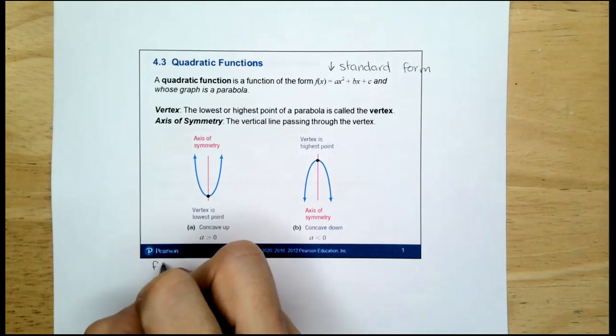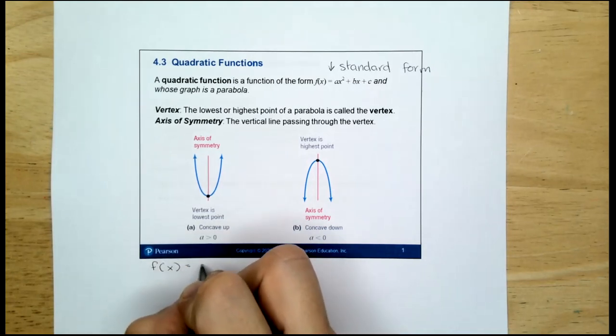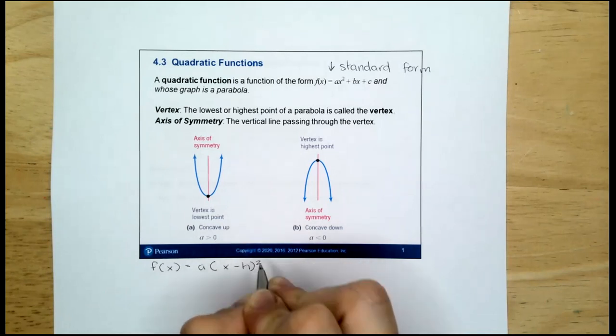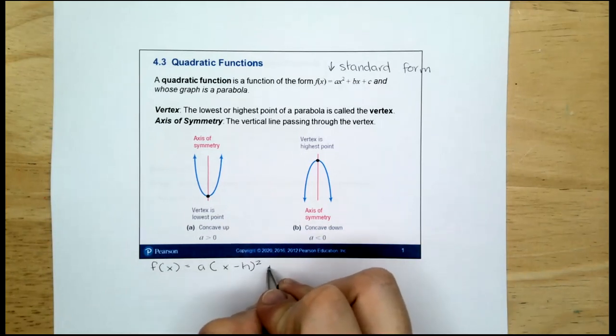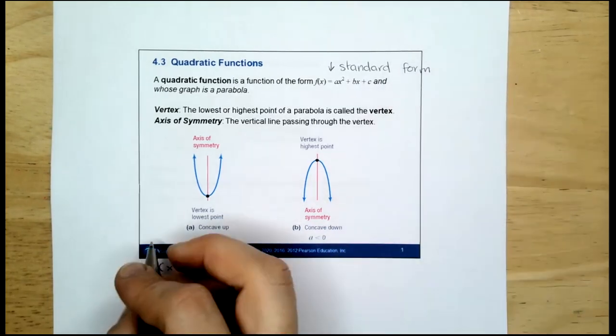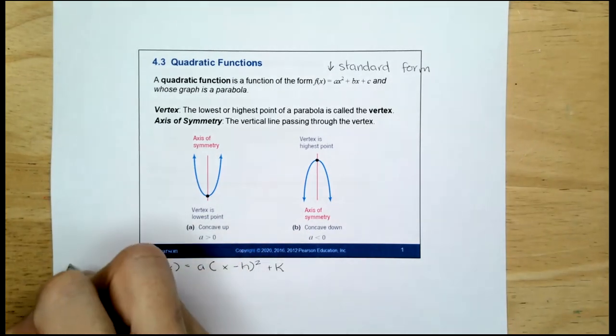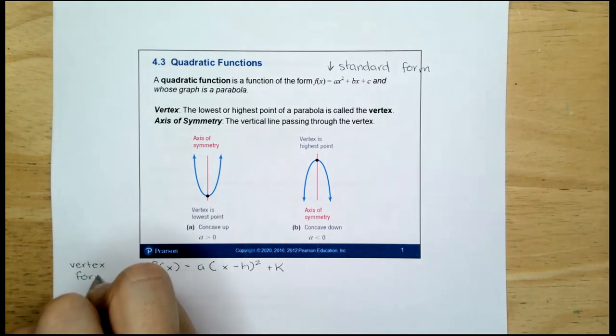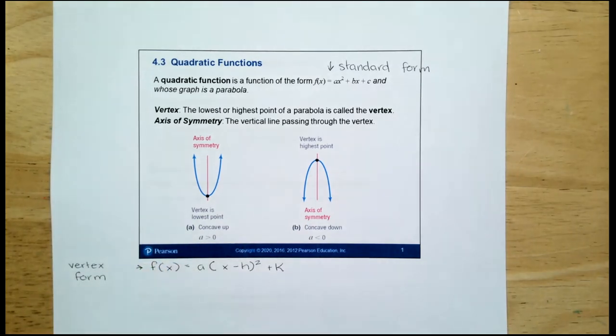The vertex form looks like this: f of x is equal to a times (x minus h), all quantities squared, plus k. It's similar to how when we were talking about linear equations, you could have point slope form, slope intercept form, or the standard form of an equation.